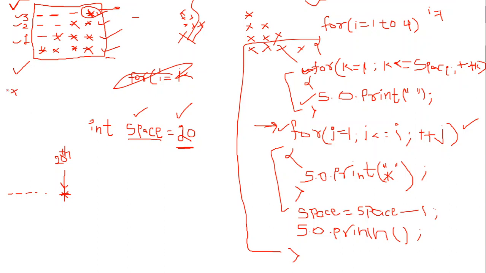Okay, I got your concern, what you are trying to say. If you put it this way, then it will print something like this, it will print then two, it will print something like this.